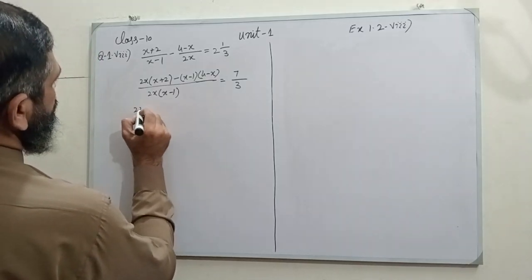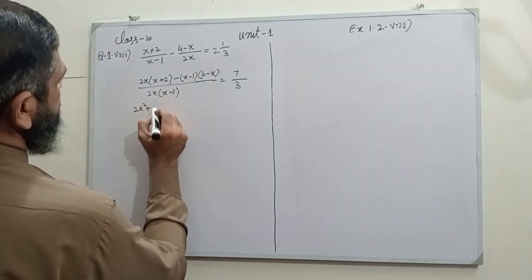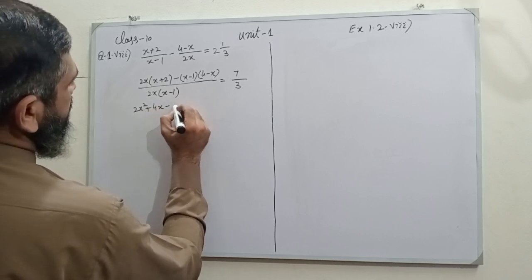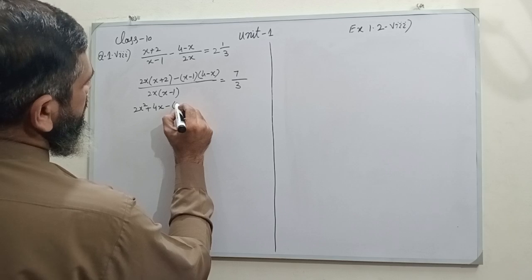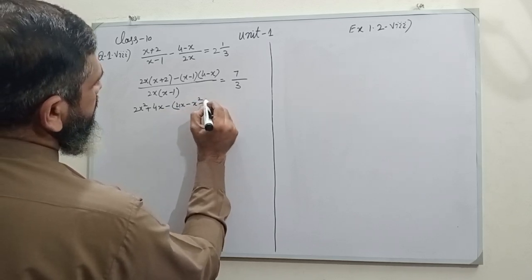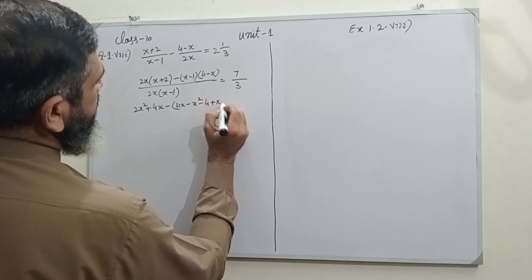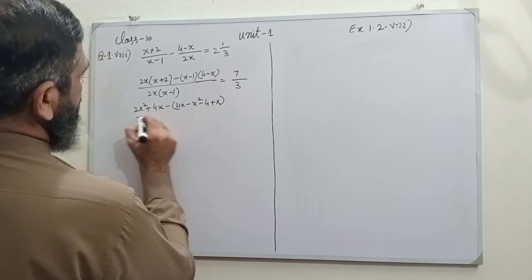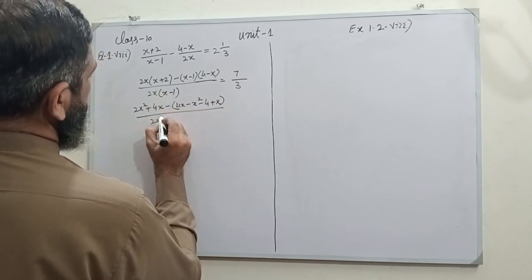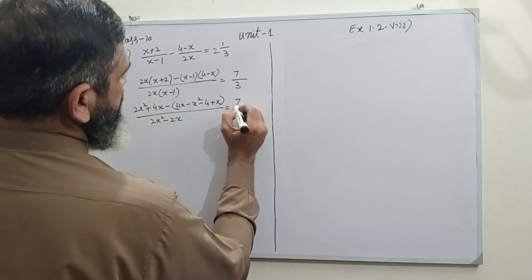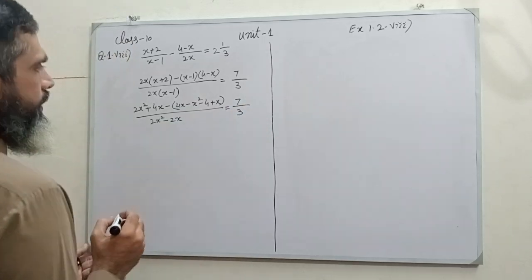Okay, this one is 2x square plus 4x minus, we will multiply, 4x minus x square minus 4 plus x, divided by this 2x square minus 2x is equal to 7 over 3.